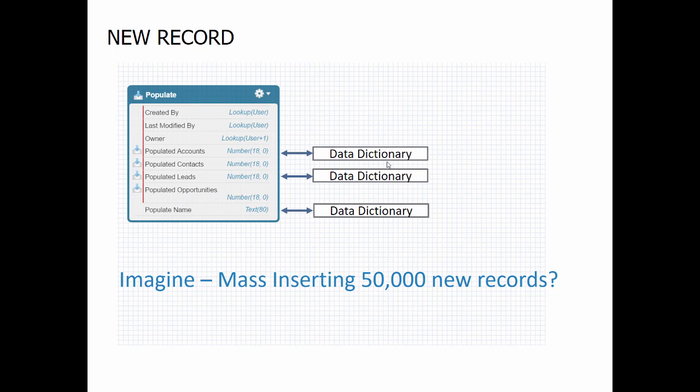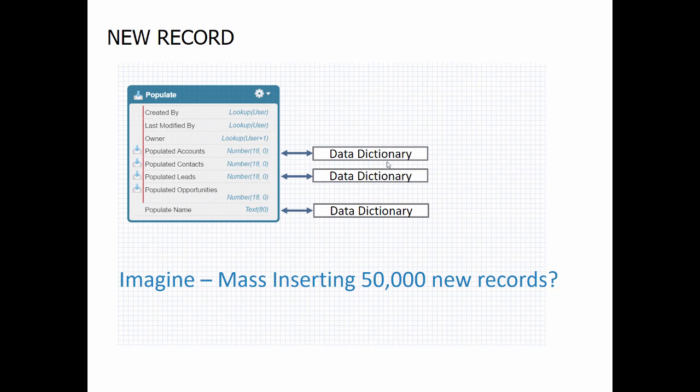Now, if I'm a user creating a new record using the user interface, I click on the new button, the form pops up, I look at it. Chances are I won't be able to tell the difference between Salesforce going out, looking at a data dictionary, and bringing it back, as far as time is concerned.